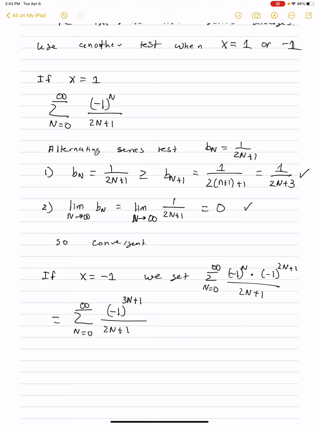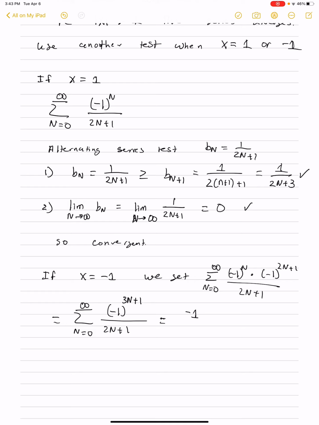Notice when n equals 0, I get minus 1. When n equals 1, I get minus 1 to the power of 4 divided by 3. When n equals 2, I get minus 1 to the 7th power. Okay, so why don't I write a few of these terms down? N equals 0 gives me minus 1.